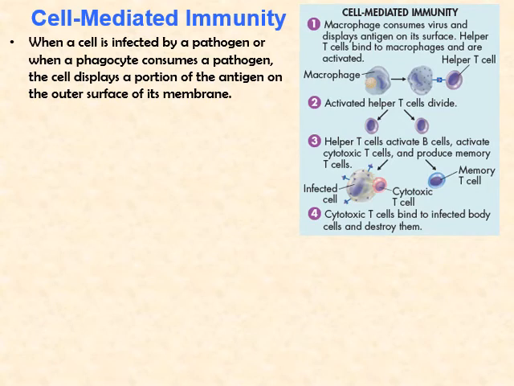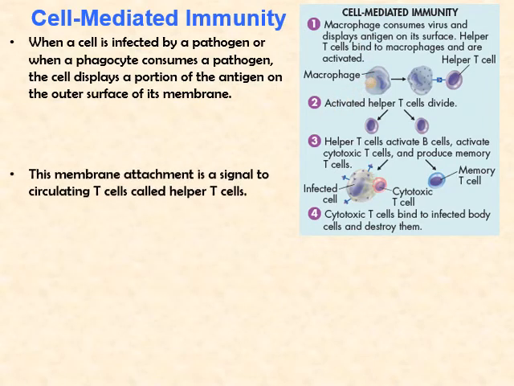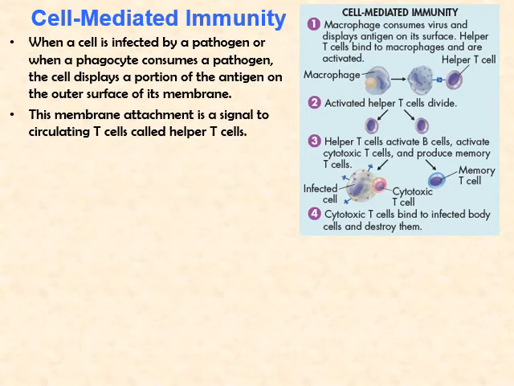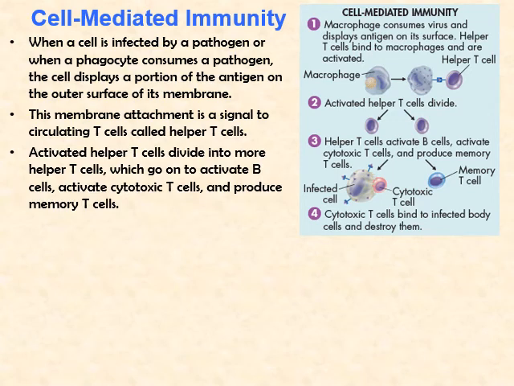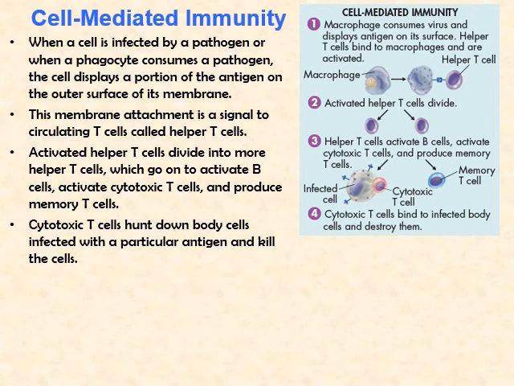When a cell is infected by a pathogen or when a phagocyte consumes a pathogen, the cell displays a portion of the antigen on the outer surface of its membrane. You can see here, this membrane attachment is a signal to circulating T cells to join the complex. Activated helper T cells divide into more helper T cells which go on to activate B cells. They also activate cytotoxic T cells and produce memory T cells.